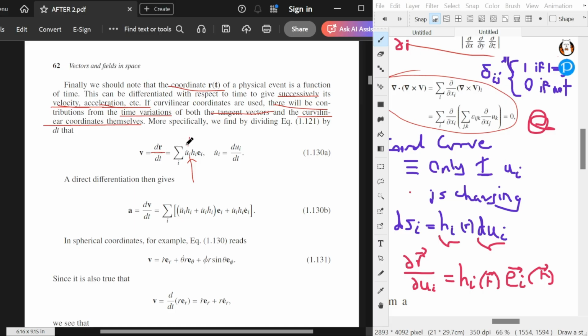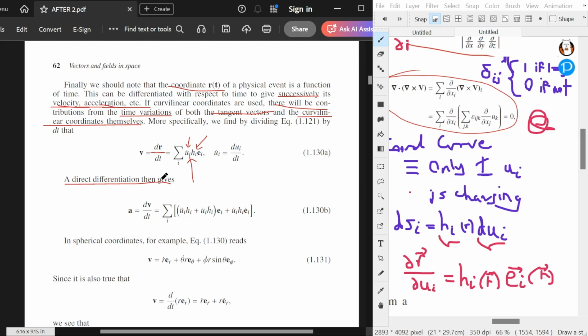So instead of position, this becomes velocity now. And earlier they were saying h_i works to bring it back to the units of length. So maybe this is what they meant by this.